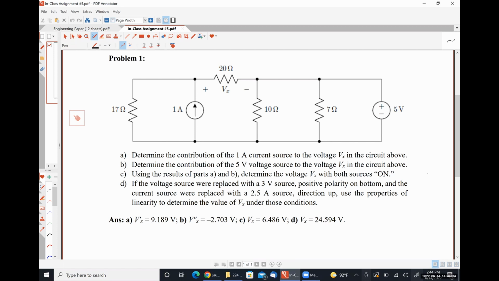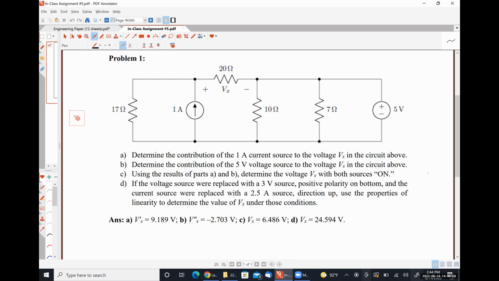For part C, you simply need to add the results of parts A and B together. So apply the additivity property. And then for part D, I say if the voltage source were replaced with a 3 volt source, so that's really scaling the voltage source by a factor of 0.6.